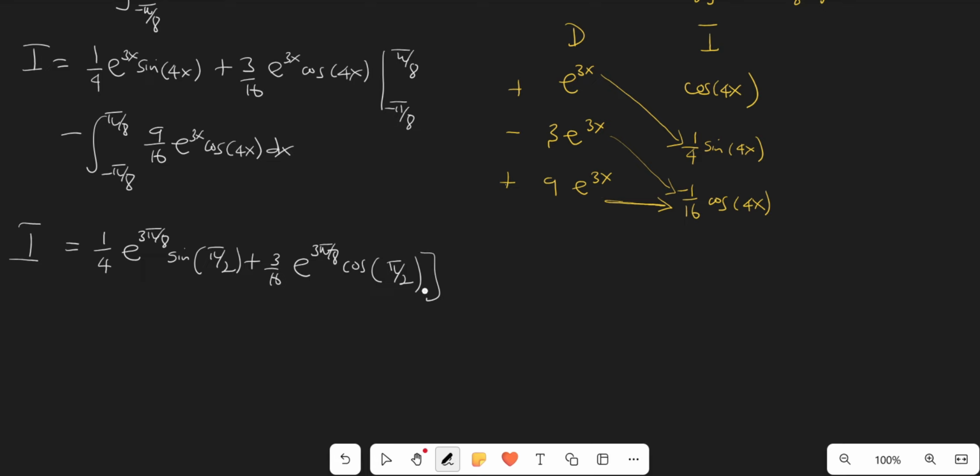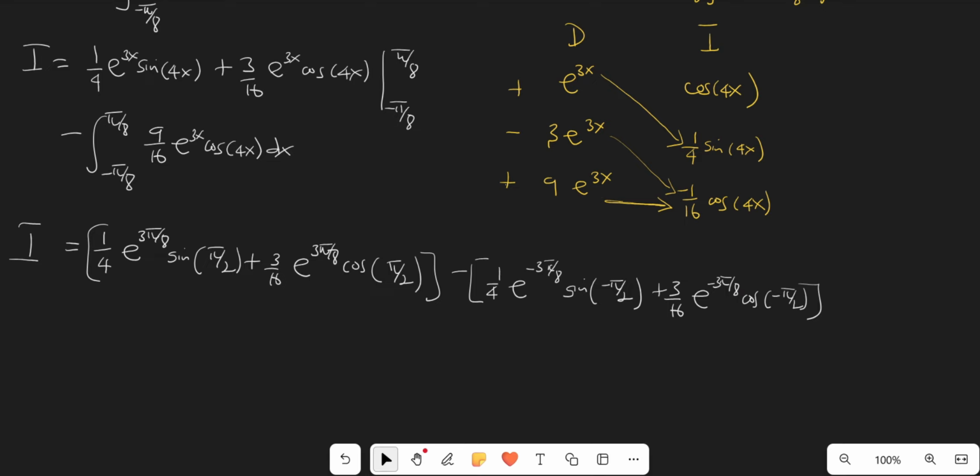This is the upper limit minus the lower limit. The lower limit is going to be 1 over 4 e to the negative 3 pi over 8, like this, and then sine of negative pi over 2, plus 3 over 16 e to the negative 3 pi over 8, and then cosine of 4x, which is negative pi over 2.